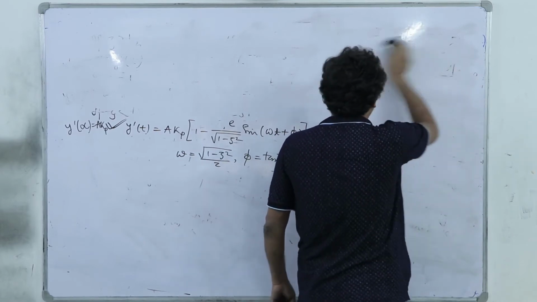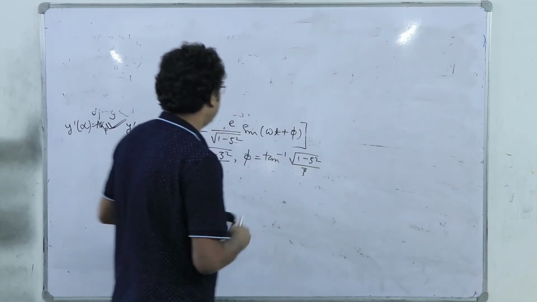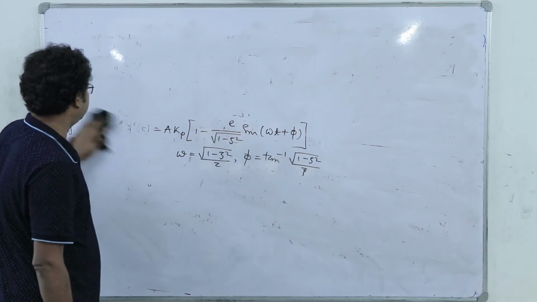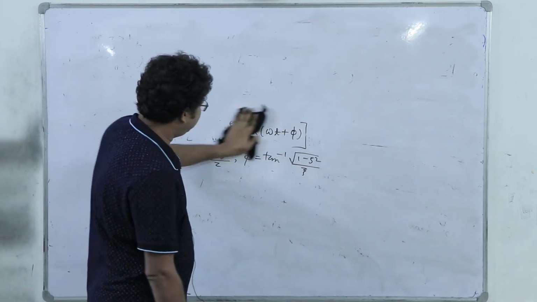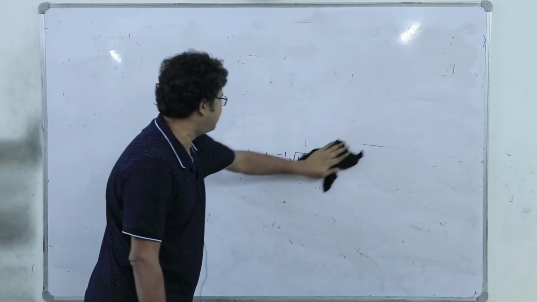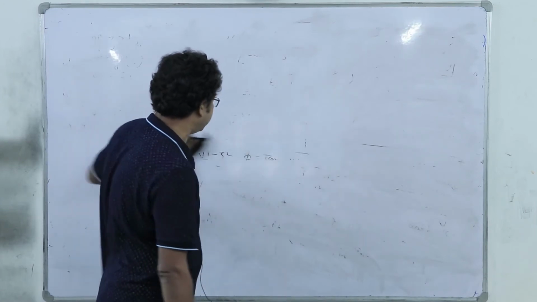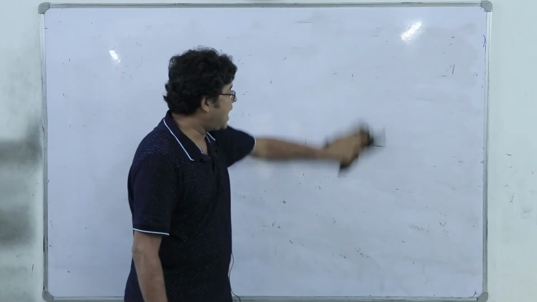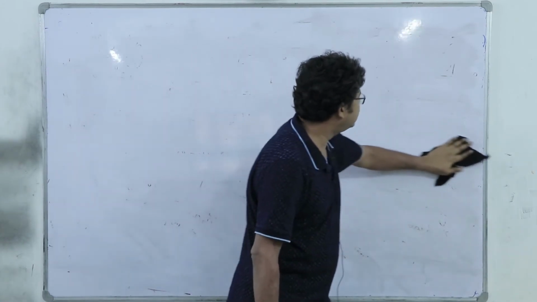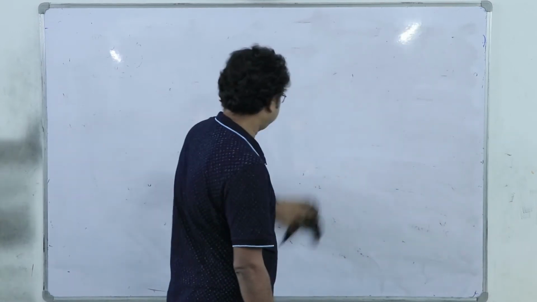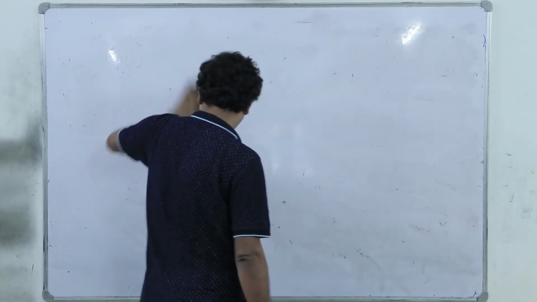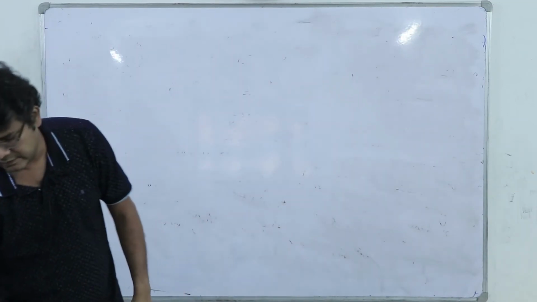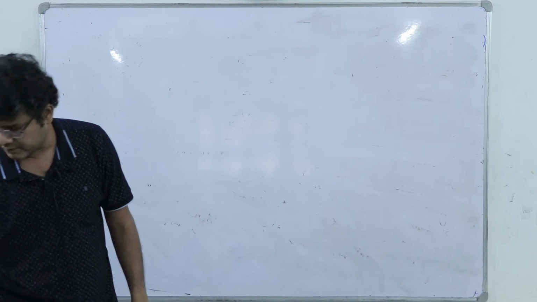Because oscillatory response, you see, finally it will settle down to the same value of A Kp. But how fast it will settle down, and when for the first time it will be reaching that specific value. So, these are important parameters to understand, and they must be characterized by introducing analogous terms, okay? And how fast the oscillation actually decays down, what is the maximum value. So, everything comes under this category of understanding this oscillatory response.